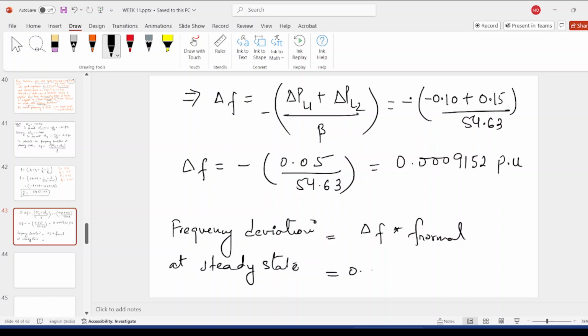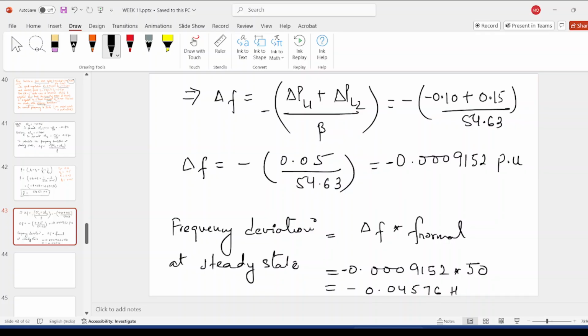What is del F? 0.00095152 into 50, and it comes out to be minus, it is negative, 0.04576 hertz.